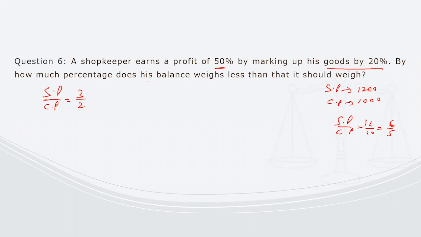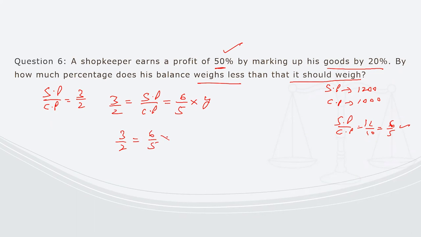By how much percentage does his weighing balance weigh less than what it should be in order to get an overall profit of 50%? See, the overall ratio of selling price by cost price, I know, has to be 3/2. So one of these ratios is 6/5. The other ratio is, suppose, y, and this value ultimately should be equal to 3/2. So 3/2 is equal to 6/5 into y.